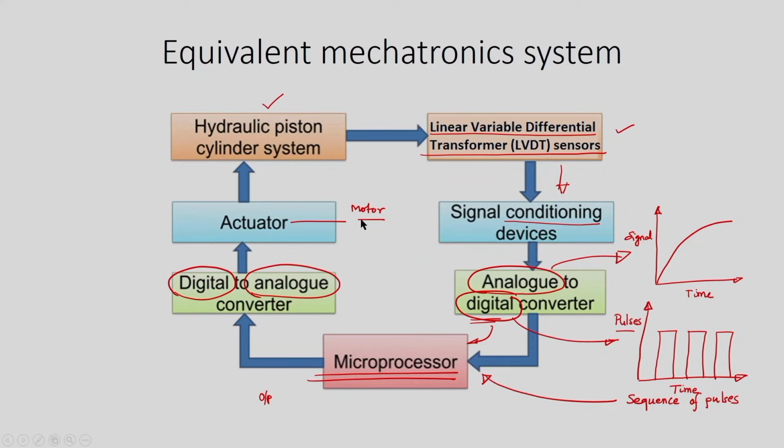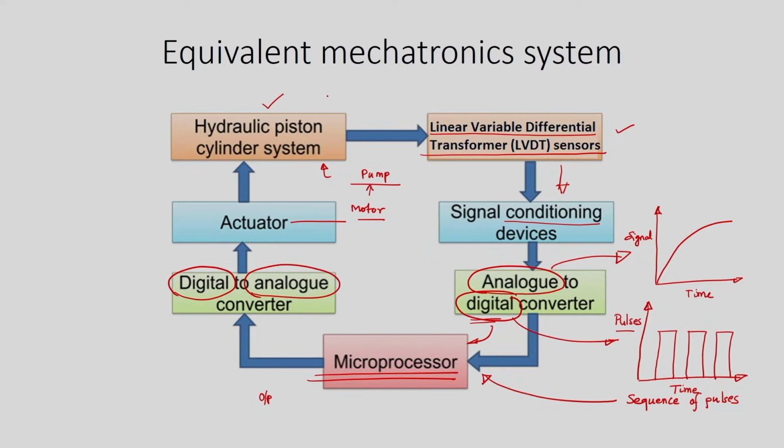The motor runs on electrical power. So, we have to convert the digital pulses into an appropriate level of analog signal, and that analog signal actuates the motor. The motor drives the pump, and the pump drives the hydraulic piston cylinder arrangement.